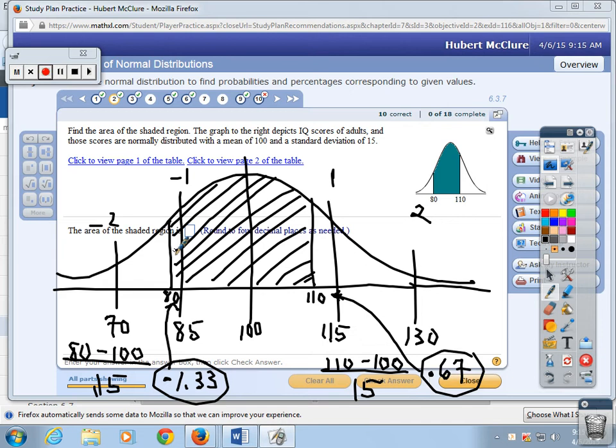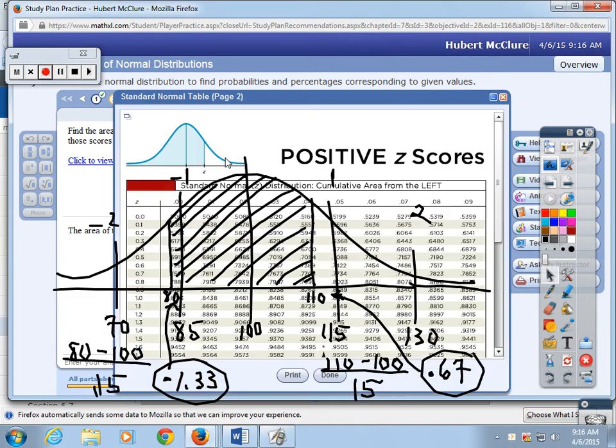So now you have to find in the z-score table 0.67, find that area, and subtract this area. So go to your 0.67. 0.67: 1, 0, 1, 2, 3, 4, 5, 6, 7. I get 0.7486.